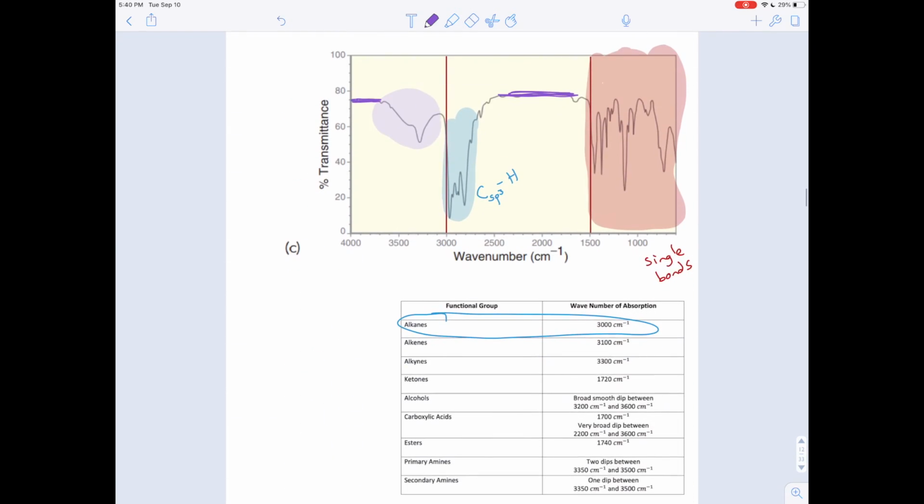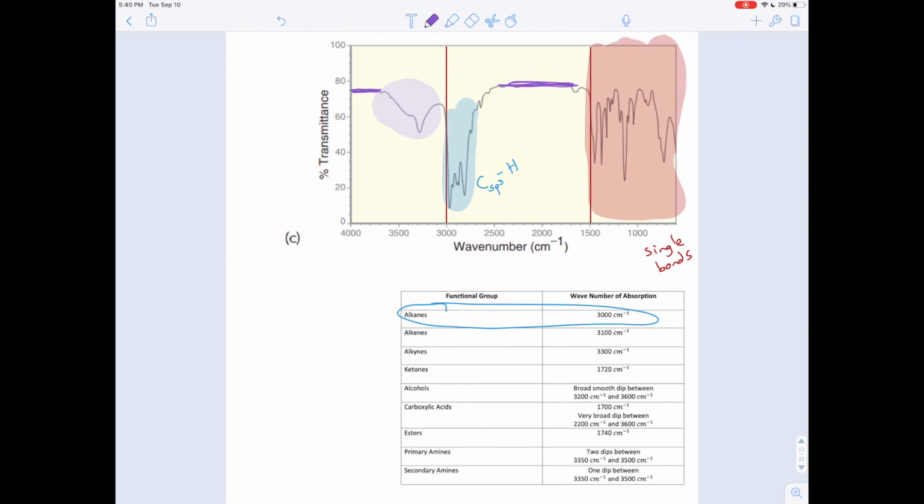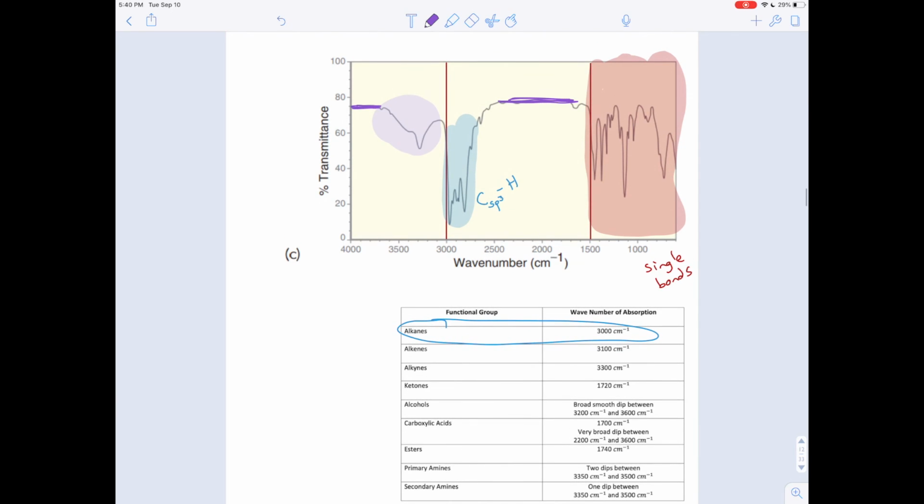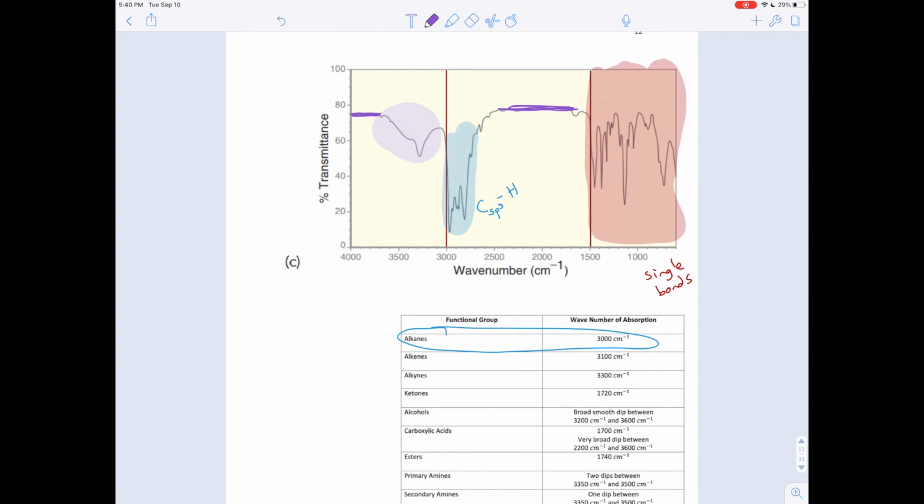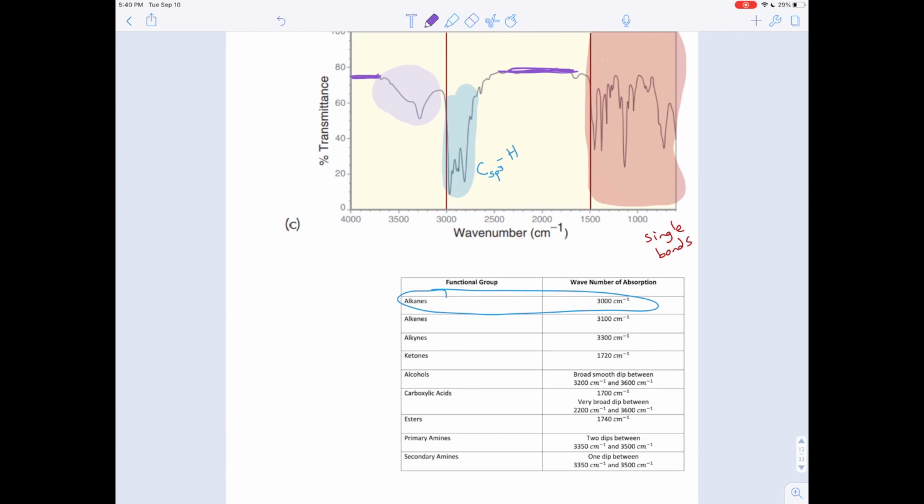So that line will change depending on the solvent you use, depending on how you prepare your sample, even depending on the machine that you use. So what you're looking at is not so much the specific numbers here as how far do things go down relative to that line, and are those dips in places that I know to tell me about specific bonds? Do they line up with what's on this table?